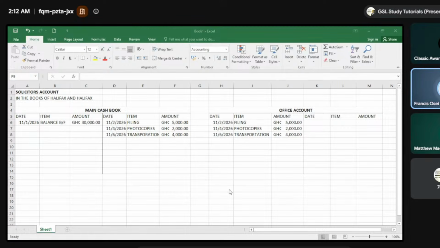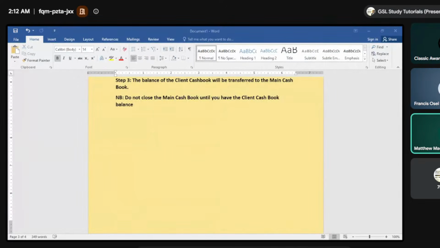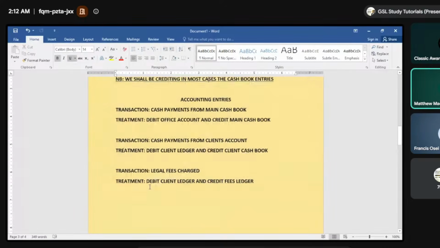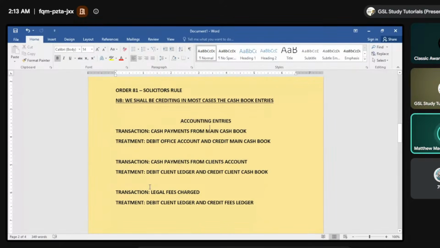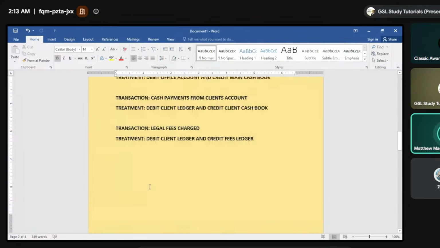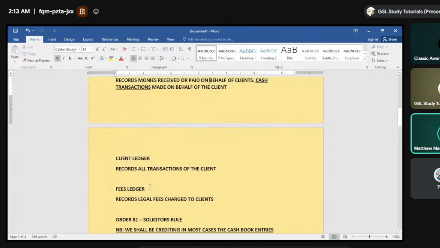Received or paid from the client. What is a client ledger used for? Transactions from the client. The same transaction, when the double entry is completed on that side.